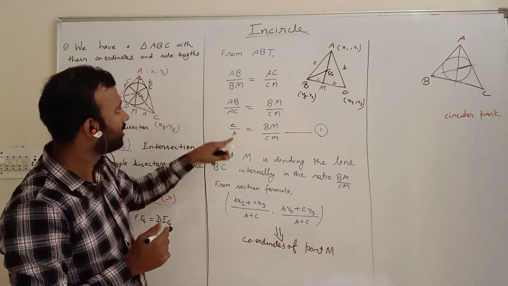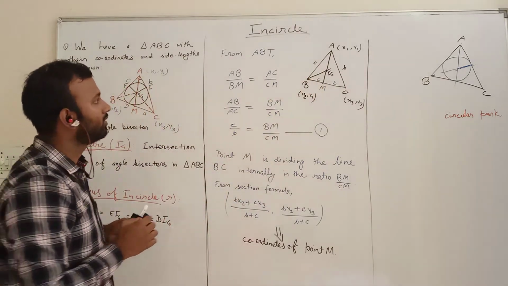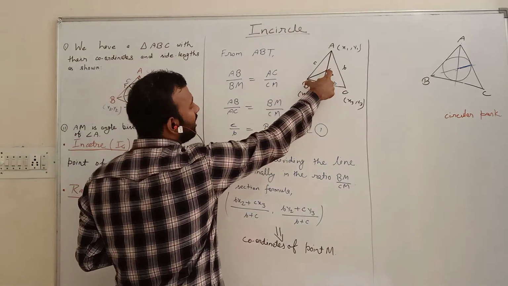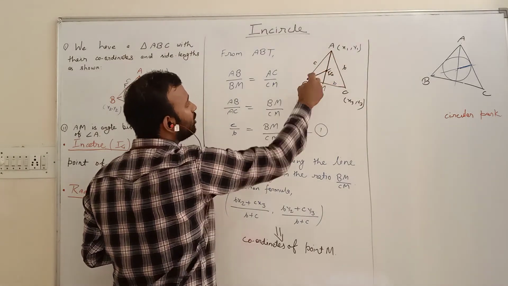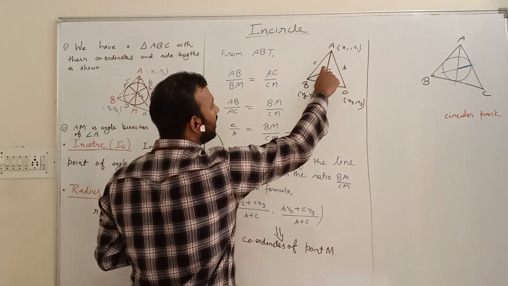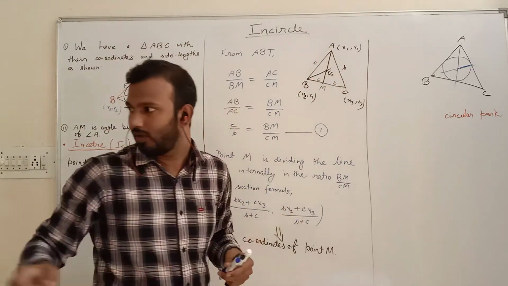From the same concept, BI is an angle bisector again, so the point I will divide the line AM in the ratio from here. Let's draw it.